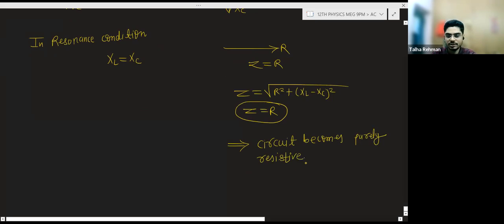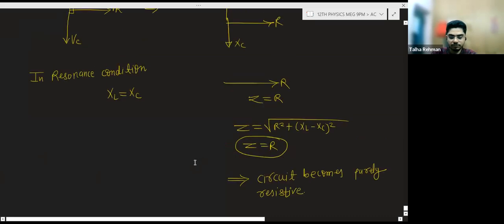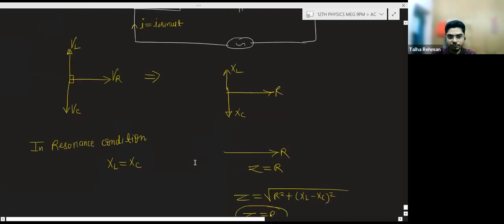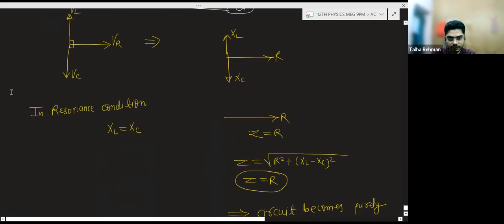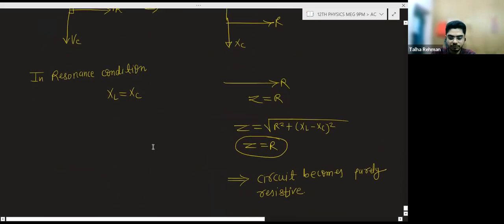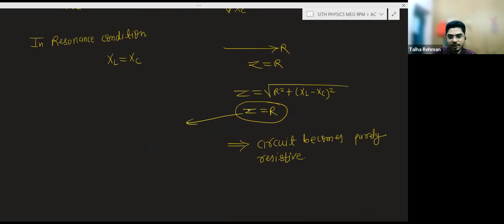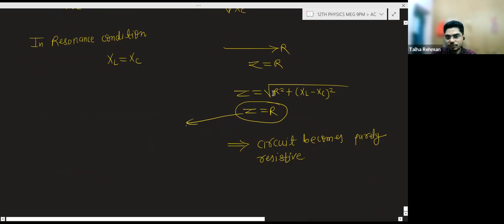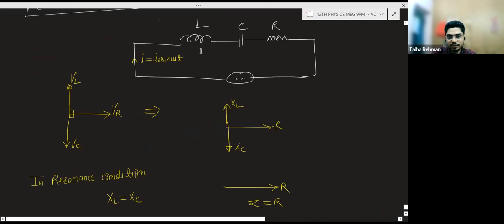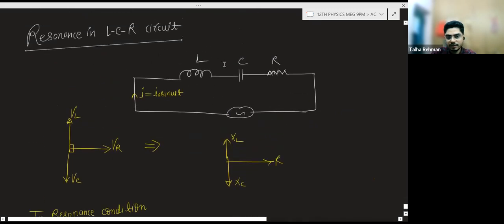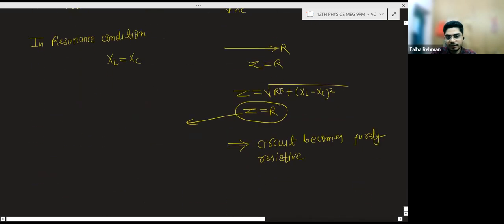I don't know whether you are understanding or not. So basically, the resonance condition is this, and this Z equals R. You can see the impedance of this circuit is the square root of R square plus (XL minus XC) square.